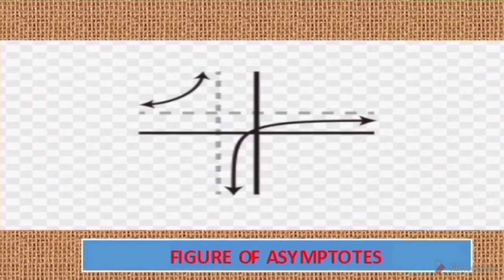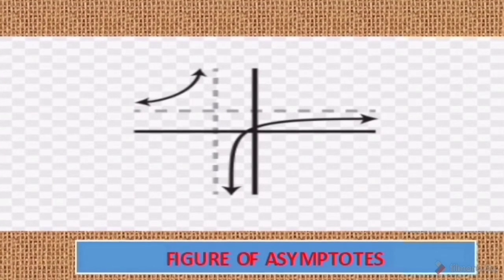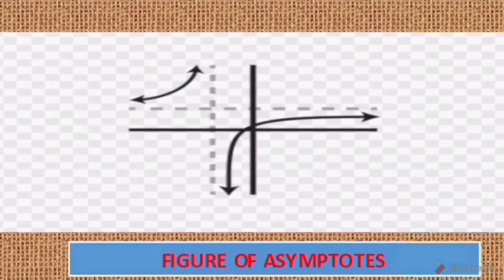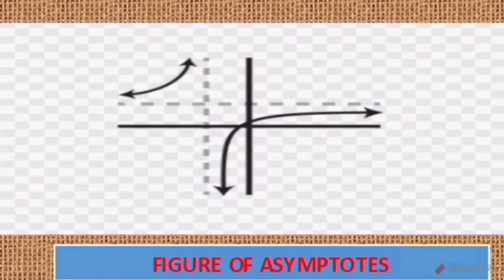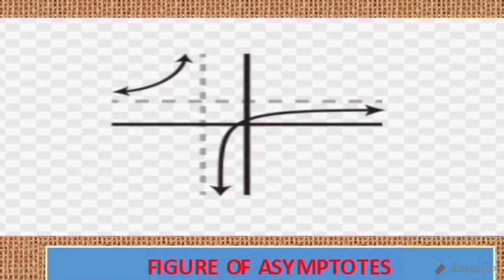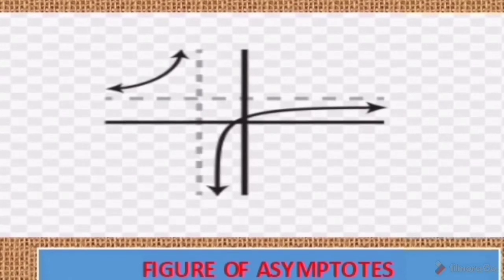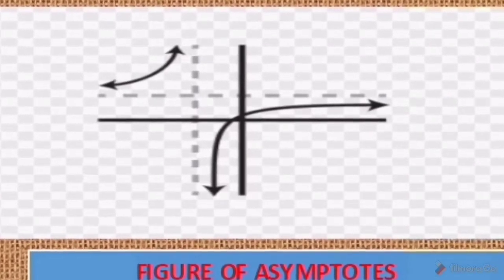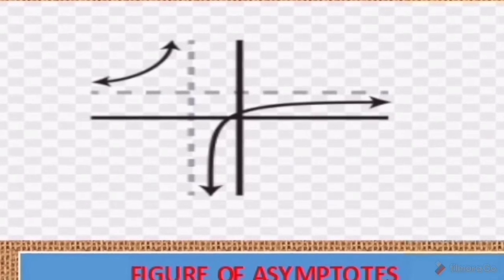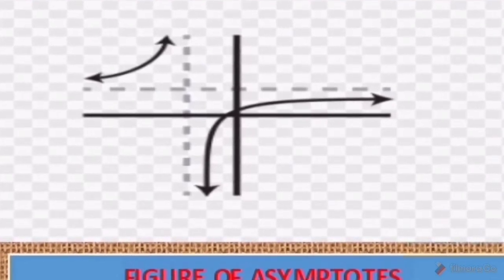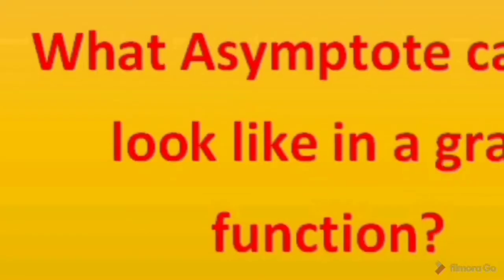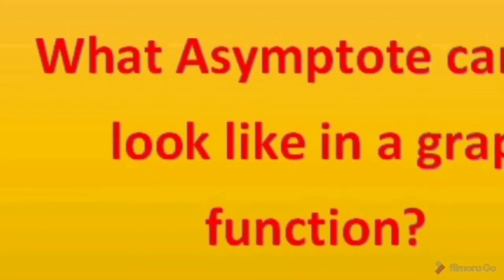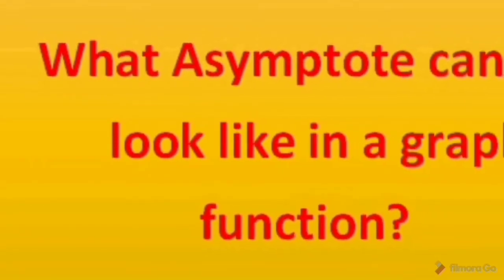Figure of asymptotes. What can an asymptote look like in a graph of a function?